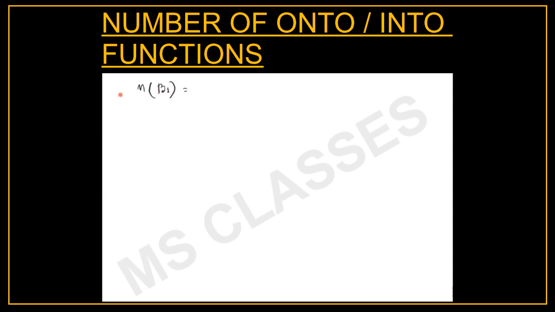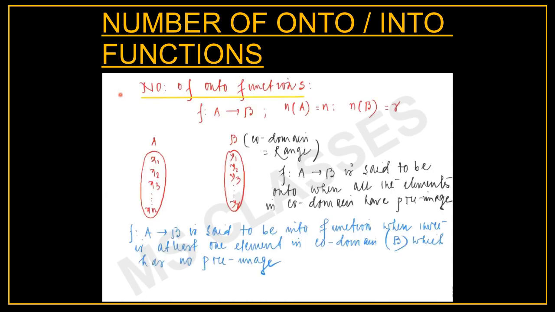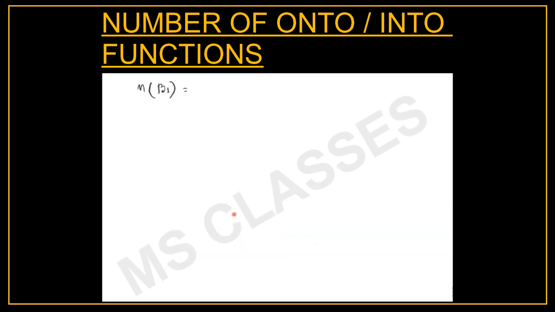Now, in this set, suppose I say y1 will not have a preimage, so I block this. For each element, how many options are there? X1 will have r minus 1 options, X2 will have r minus 1 options, X3 will have r minus 1 options, Xn will have r minus 1 options. So when they are not mapping to y1, for each element there are r minus 1 options.